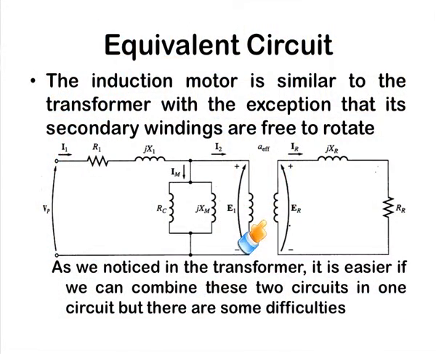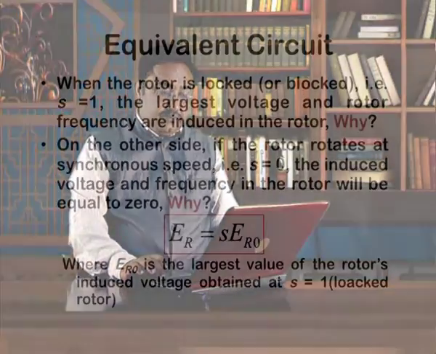Now, these are the two coupling windings, and jXR is the rotor reactance and RR is the rotor resistance, but this rotor reactance and rotor resistance are not constant, that we will see later on.